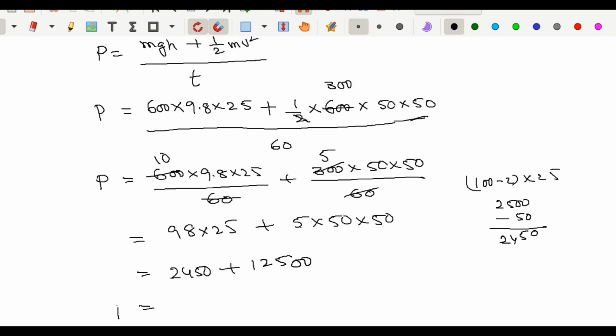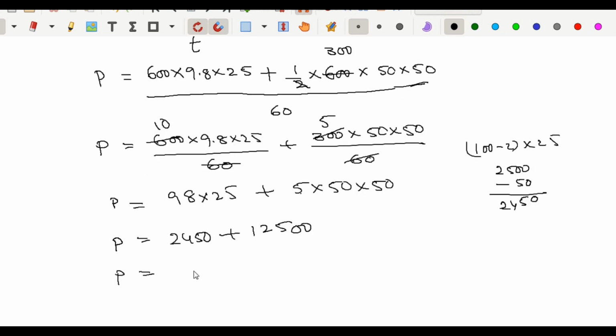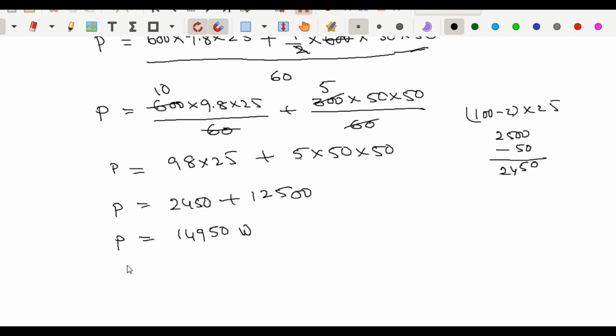By adding these two numbers, we get 14950 watts, or P is equal to 14.950 kilowatts, or about 15 kilowatts.